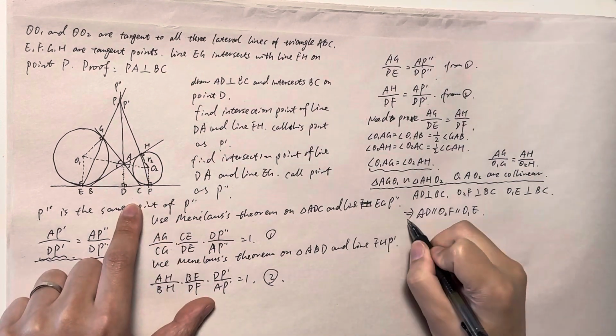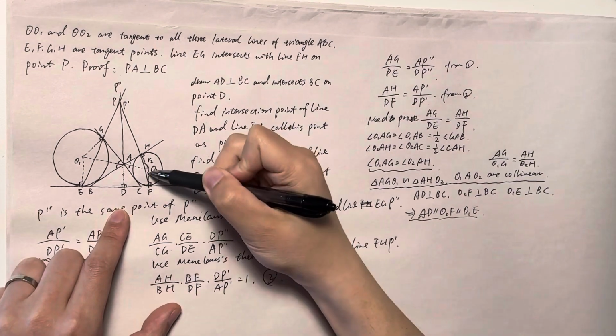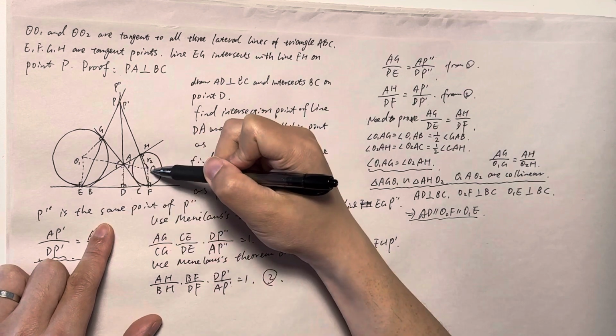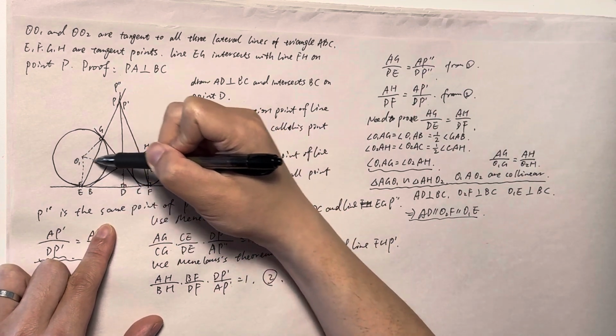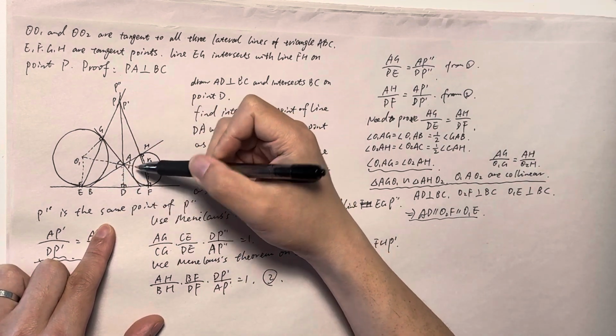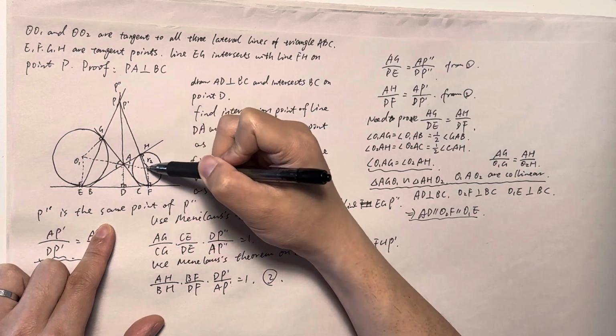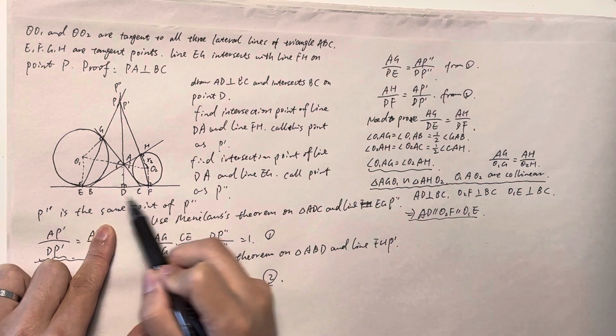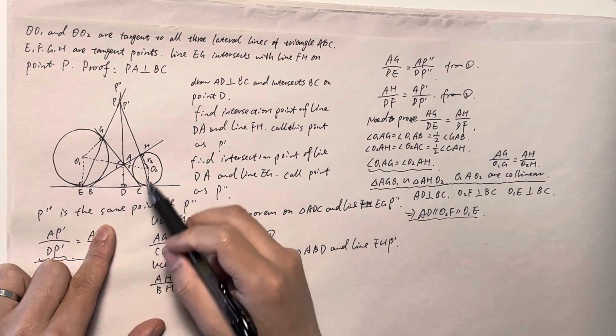And from the second condition, these three lines are parallel with each other, and we can think of O1, O2 as intersecting these three parallel lines. EF intersects these three parallel lines.